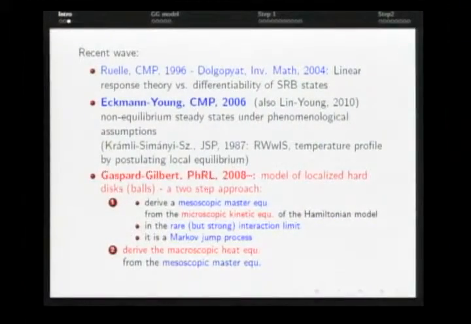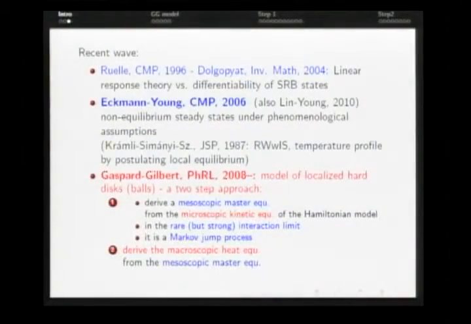Okay, so two important papers, by Eckmann and Young, were trying to understand the behavior of non-equilibrium steady states. For example, if you have a slab, on one end you have temperature T1, on the other end you have temperature T2, and you want to understand what happens between the two boundaries. What is the temperature, for example, in the middle?